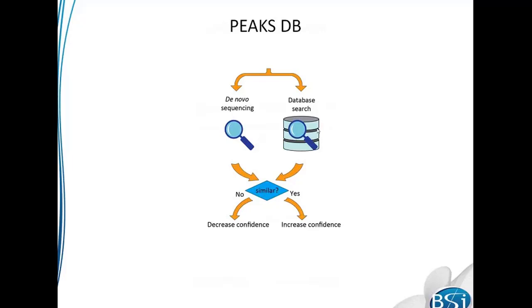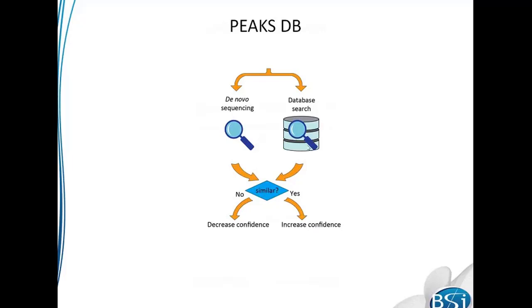So two different approaches to try to find the same answer. So when you keep that in mind, database search and de novo sequencing result, if the spectrum is ideal, should come to the same answer. So what we do is we compare the de novo sequencing result to the database search result. And if the database search result and the de novo sequencing result are very similar to each other, we'll actually increase the confidence in the database search result.